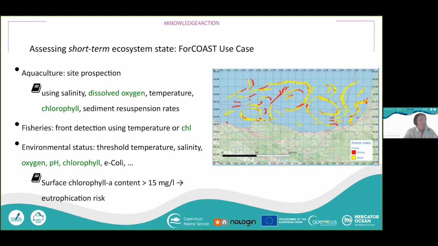Another service is just aimed at quickly providing the environmental status to people doing aquaculture, for example, by providing them conditions on temperature, salinity, oxygen, acidity of the water, chlorophyll, the presence or not of bacteria, and all kinds of different information which conditions the day-to-day work.